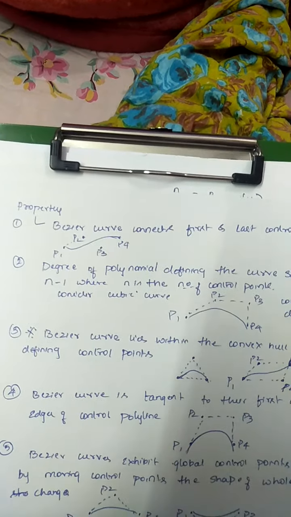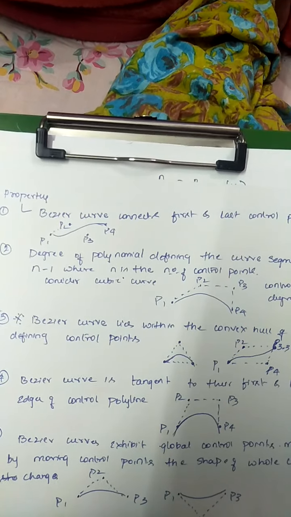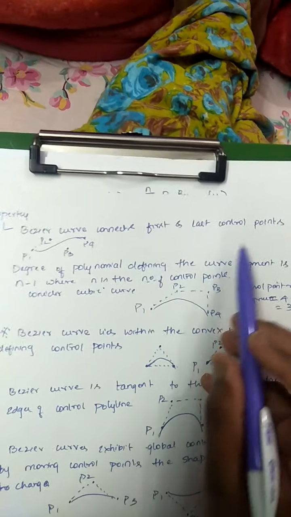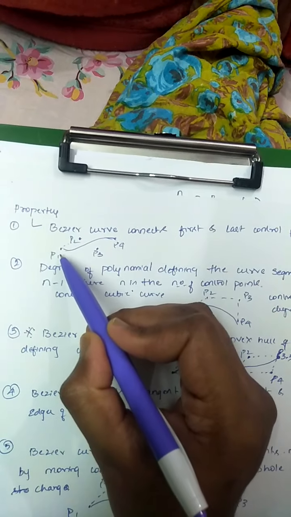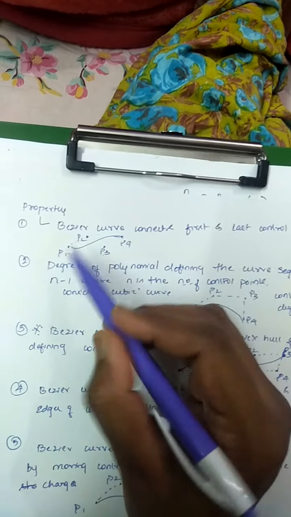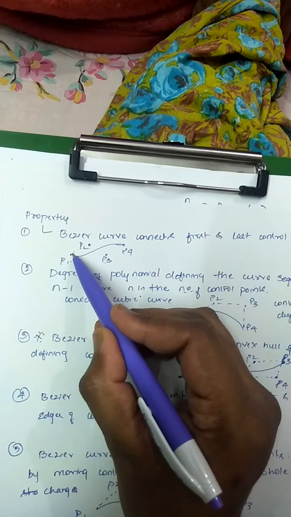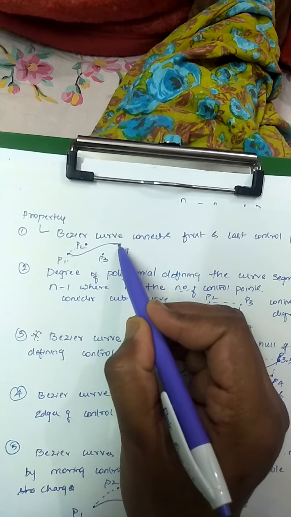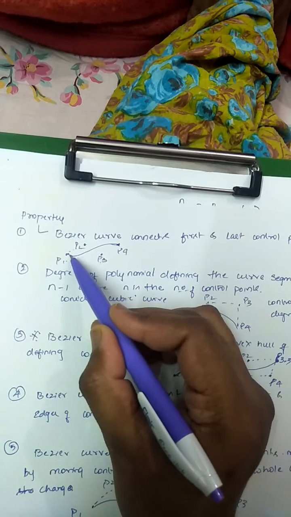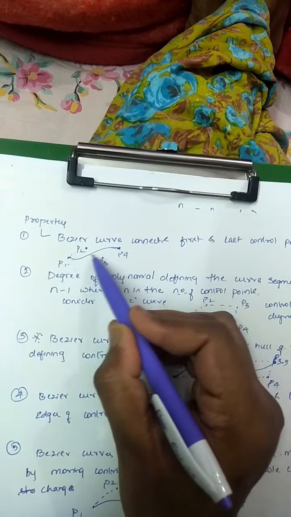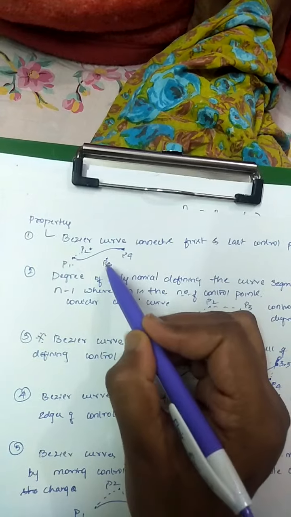Now let's see the properties of the Bezier curves. The Bezier curve connects the first and the last control points. For the examples that we have seen, consider the points P1, P2, P3 and P4. Here it starts from this point and ends with the last end control point, but the shape might vary in between based on these handle points.